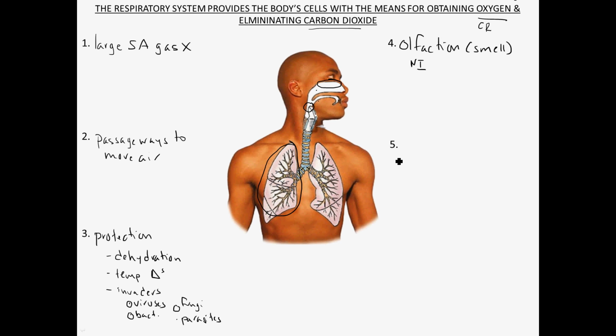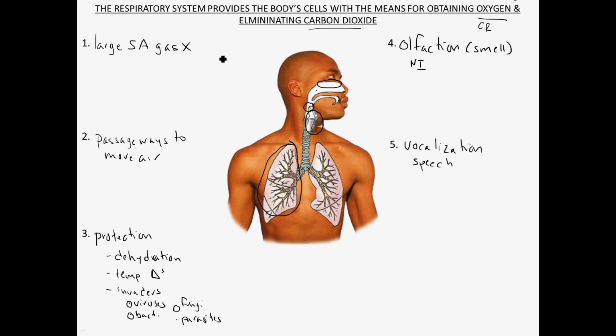And lastly, the fifth function, another one that's extremely important to us, involves the larynx area, and that is vocalization or speech. Being able to communicate is a very important skill that we have, and not only speech but singing and other forms of vocalization and communication.